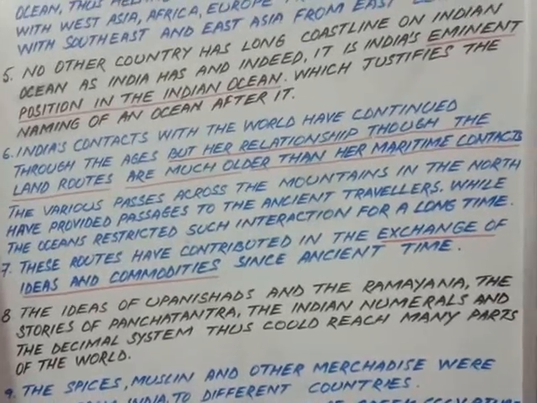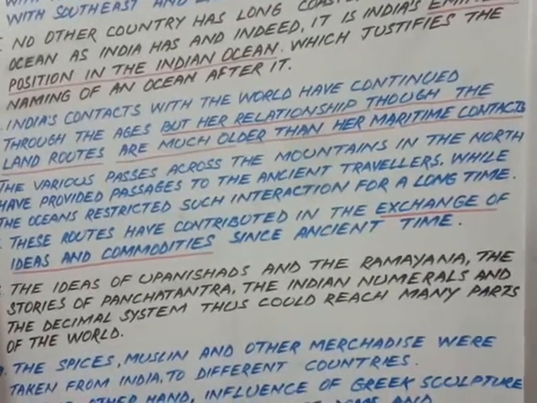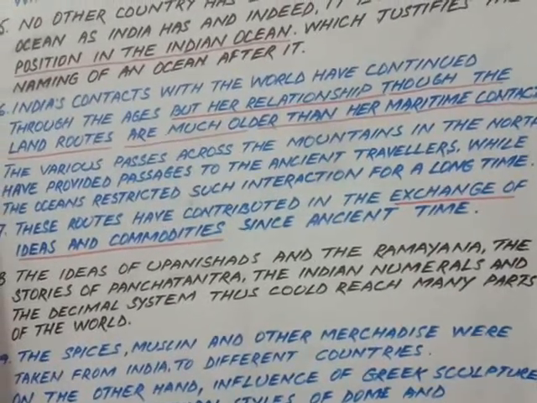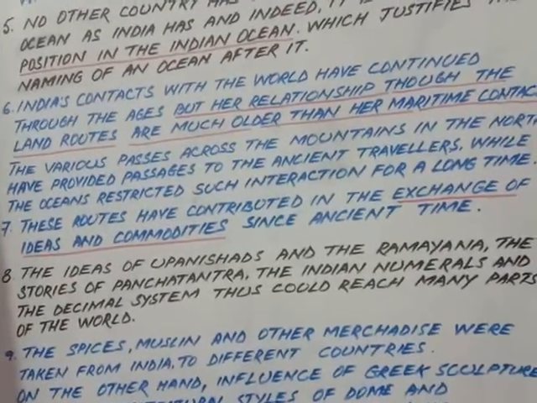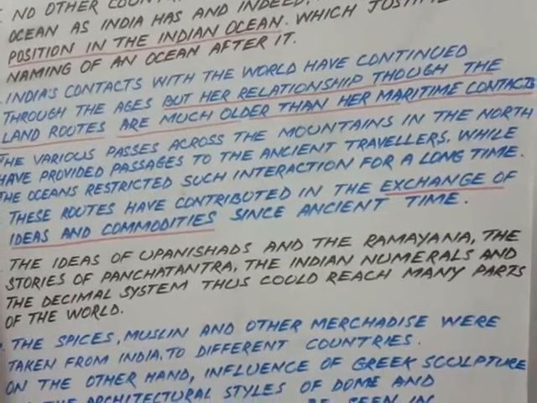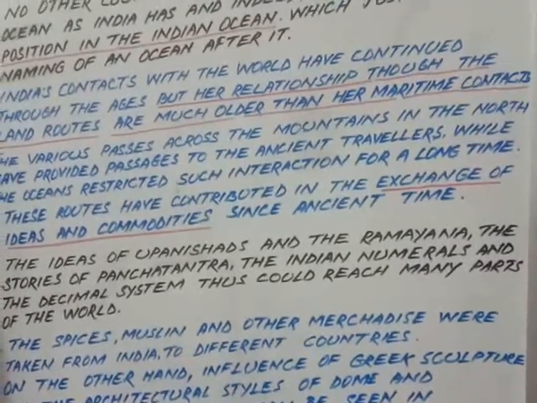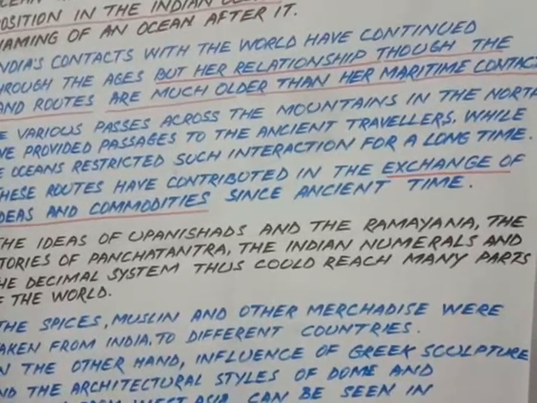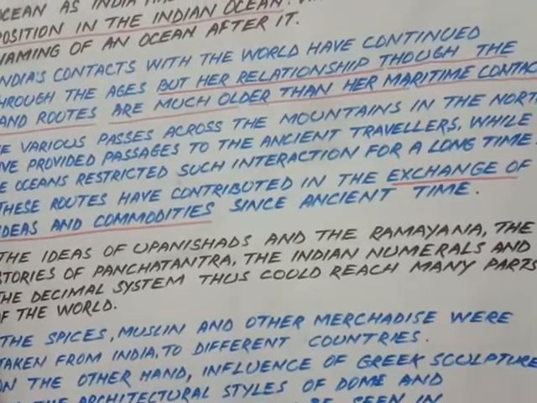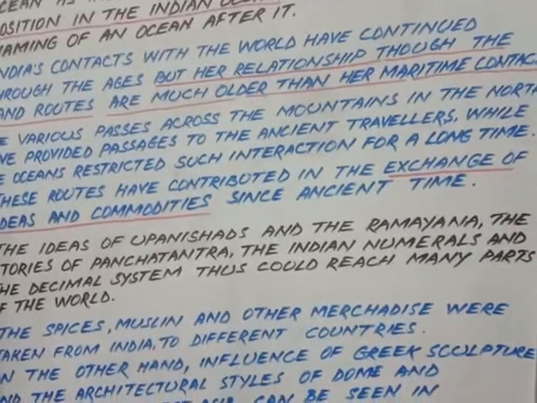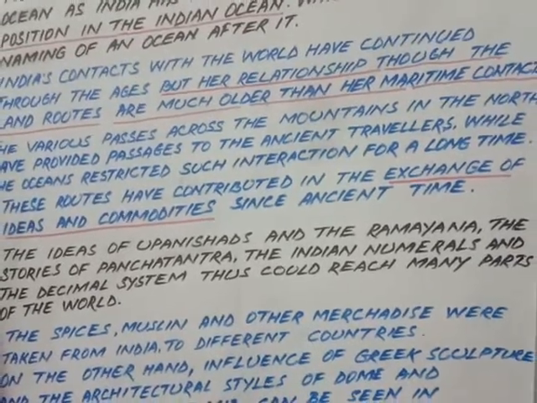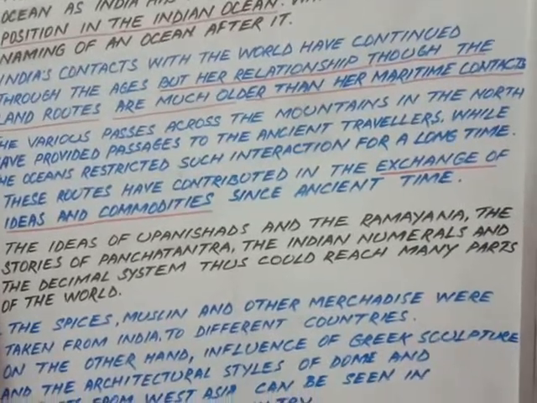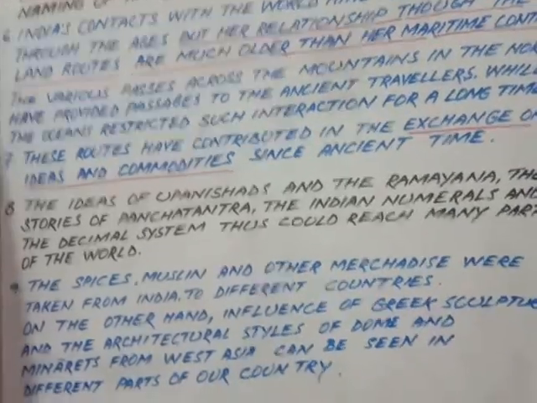Number 8, the ideas of the Upanishads, the Ramayana, and the stories of the Panchatantra, the Indian numerical system, and the decimal system thus could reach many parts of the world. So the Indian system of counting, the Indo-Arabic system, then the English system of numerals. The Indian system reached the Arabian world through these trade routes.